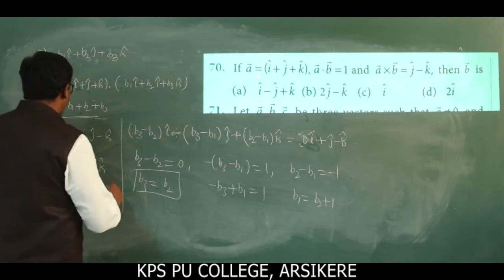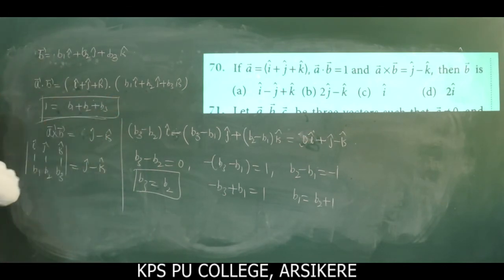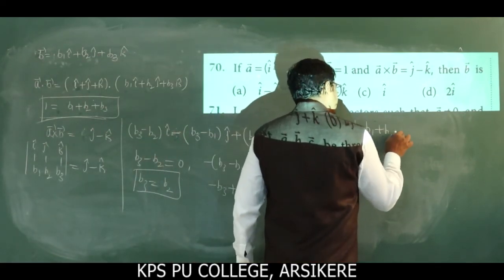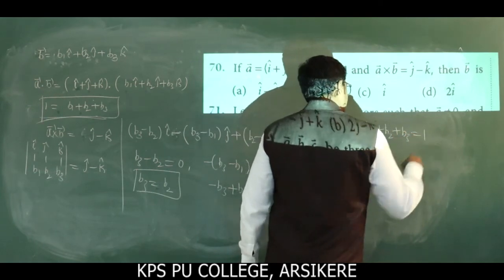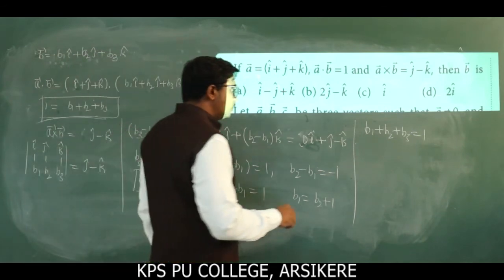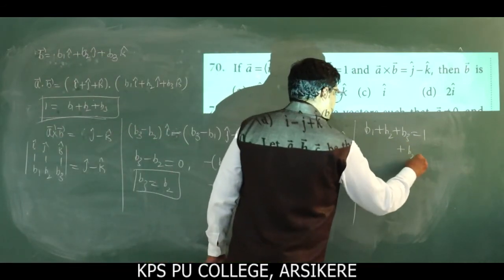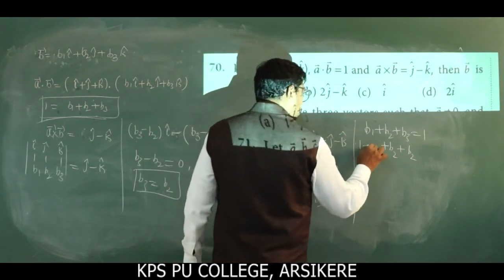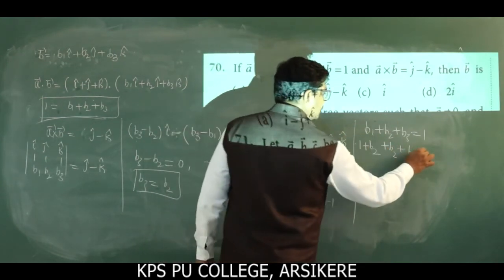Therefore, condition 1 is B1 plus B2 plus B3, or B1 plus B2 plus B3 is equal to 1. Replace the values here. B3 is replaced by B2, and here B2 as it is, plus this one, B1 is equal to 1 plus B2, is equal to 1.